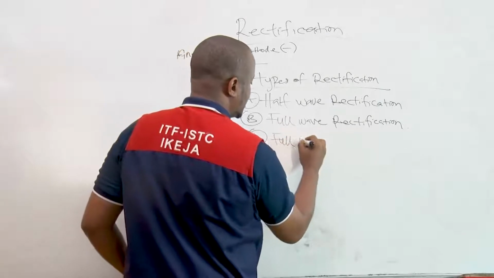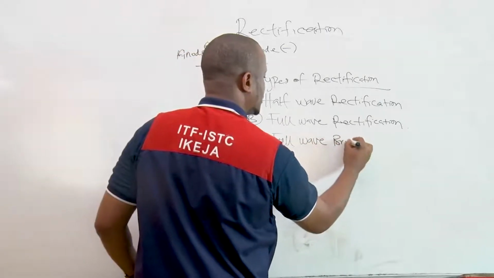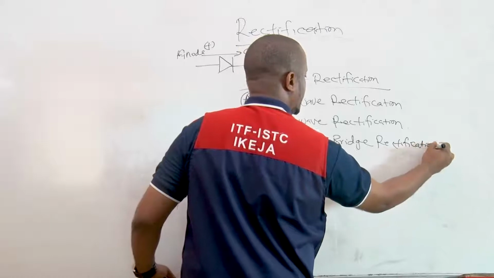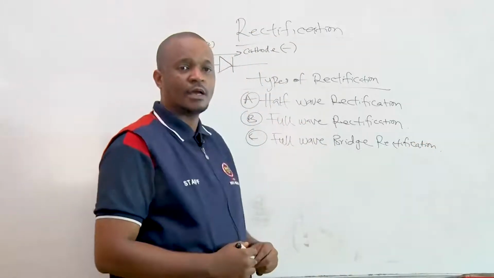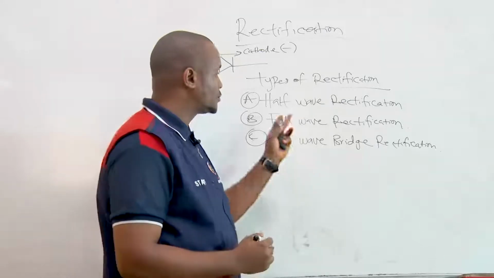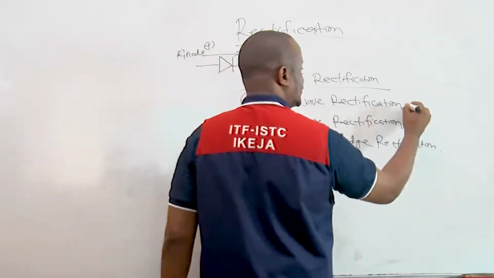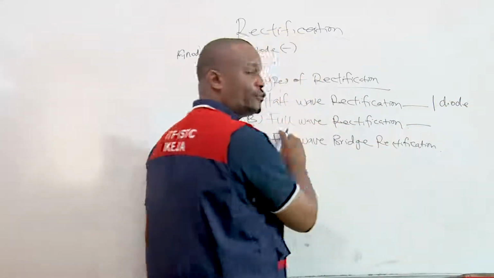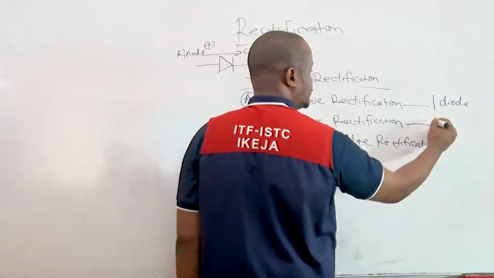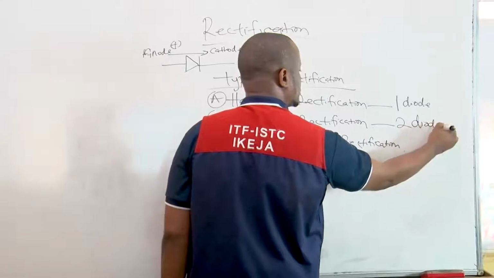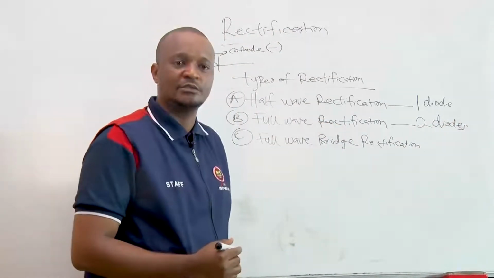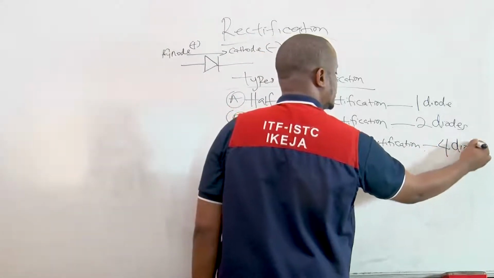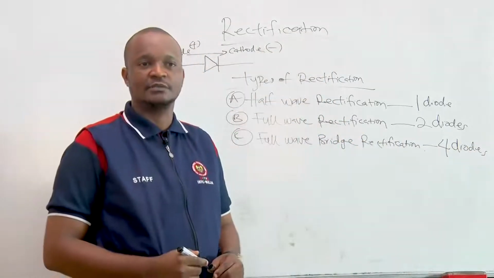And we can also have the full wave, the popular one, bridge rectification. Now, how do we use this? The number of diodes required for half-wave is one diode. For a full-wave rectification, it makes use of 2 diodes. And for a full-wave bridge rectification, it makes use of what? 4 diodes.